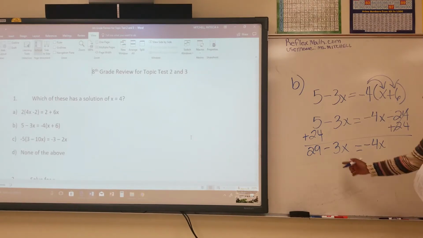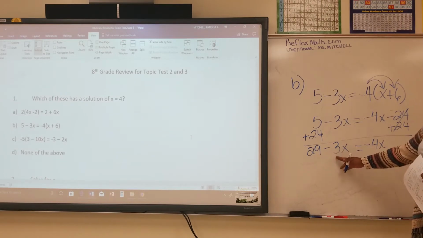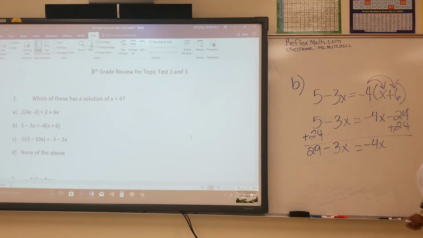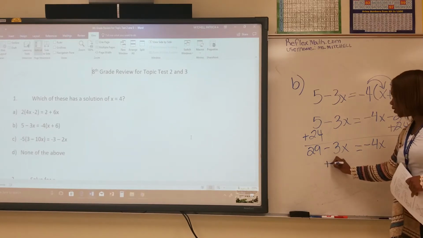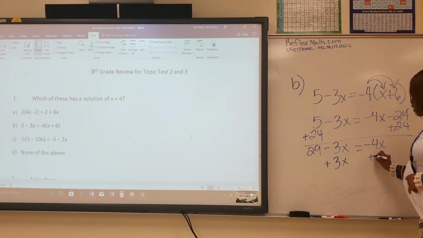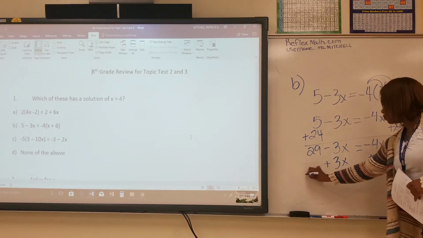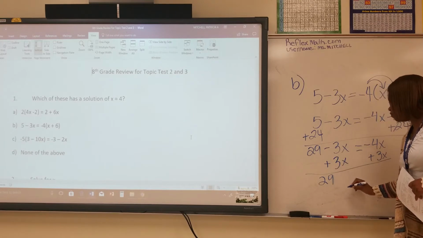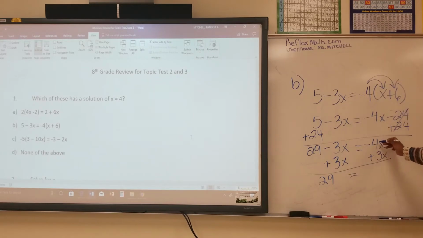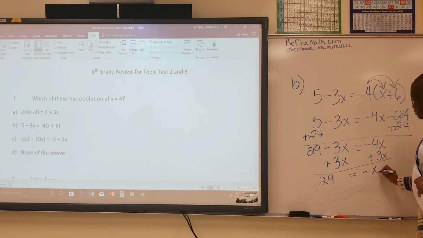From here, we can combine this negative 3x and put it over here. But remember, we have to take the opposite sign. So we add 3x on both sides. And we're left with 29. And negative 4x plus 3x will give us negative x.